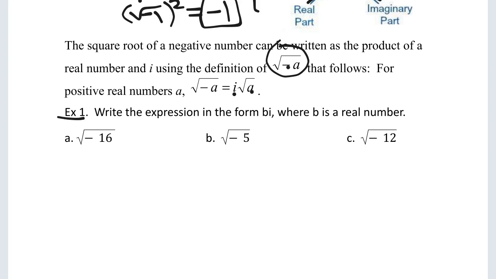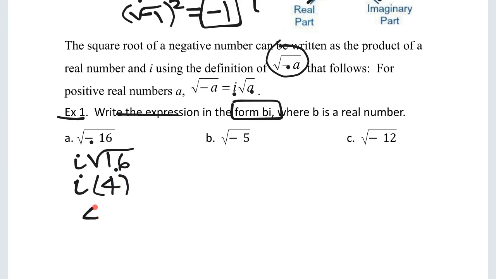So in example 1, we're going to write the expression in the form bi. So the negative becomes i, followed by root 16. The square root of 16 is 4. So i times 4, but the proper form is 4i.